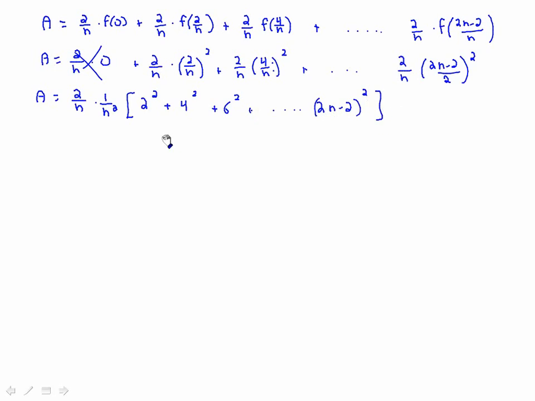So now if we set it up as a sigma, we have a fairly easy one to do, because area is going to be equal to the sigma of 2 over n cubed. There's our common factor, which then will be taken right out of it. And then the formula, if we set it up with the i formula, this is i is 1, this is i is equal to 2. So the formula is actually simpler, because it's just going to be 2 times the i value all squared.